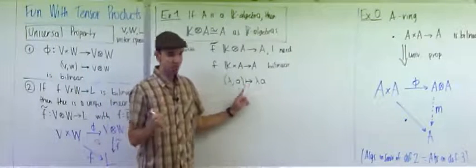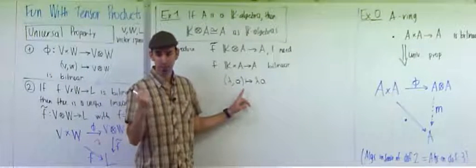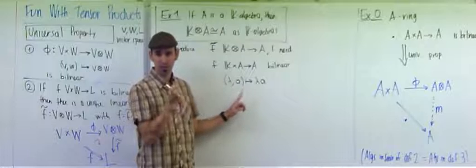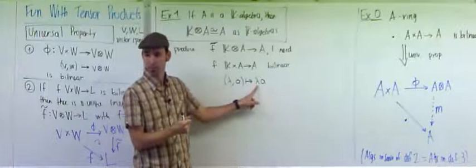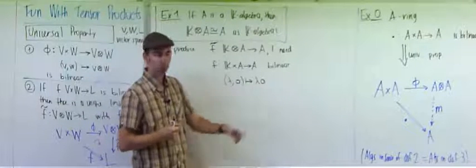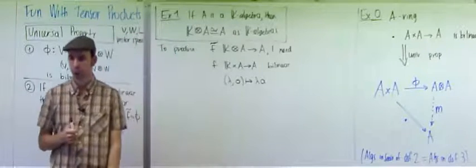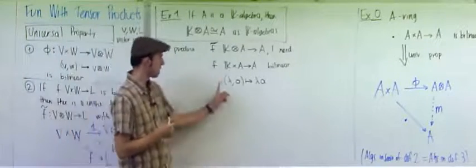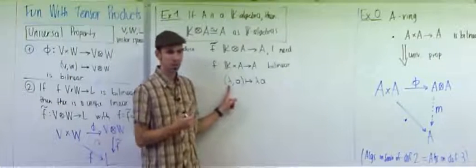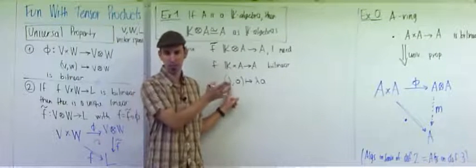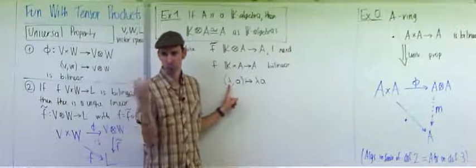A is an algebra, and therefore, in particular, it's a vector space. And since it's a vector space, I can multiply by a scalar. And that's what I mean here. Okay? Is this bilinear? For example, if you fix lambda, I'm saying that lambda times (A plus B) equals lambda A plus lambda B for free.